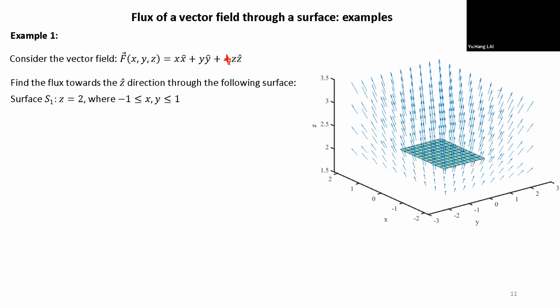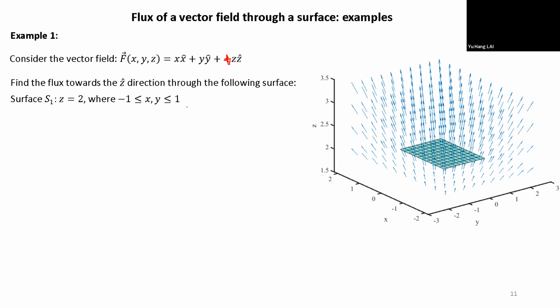As you can see in this picture, they are all diverging out from the origin of the coordinate system. Now I choose this flat plane as my surface, which I call S1. I want you to find out the flux towards the z direction through this surface.